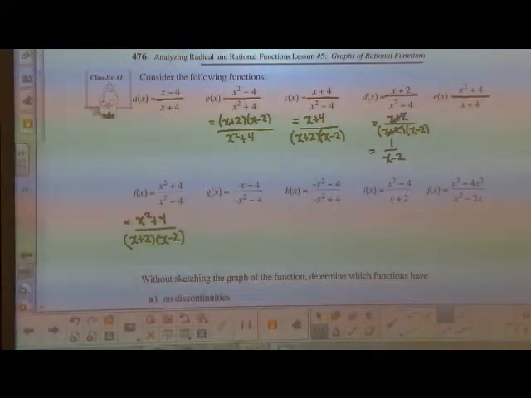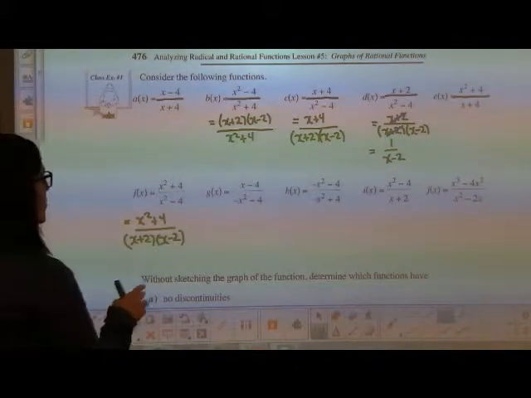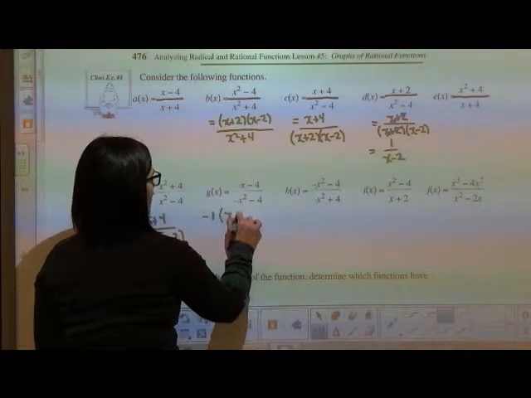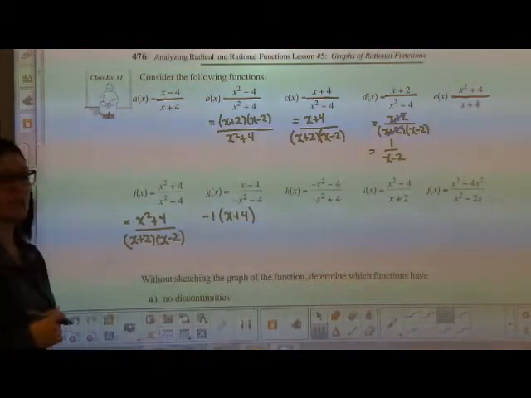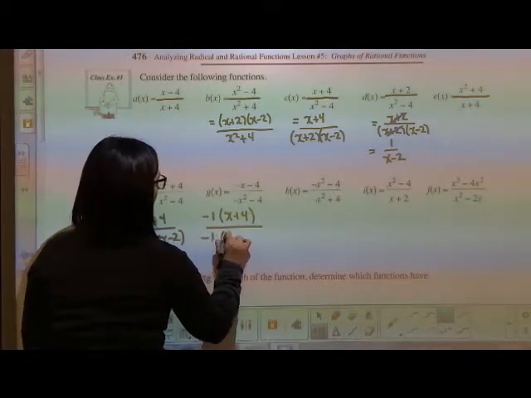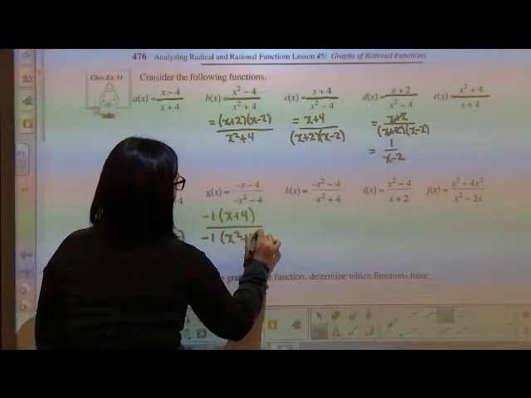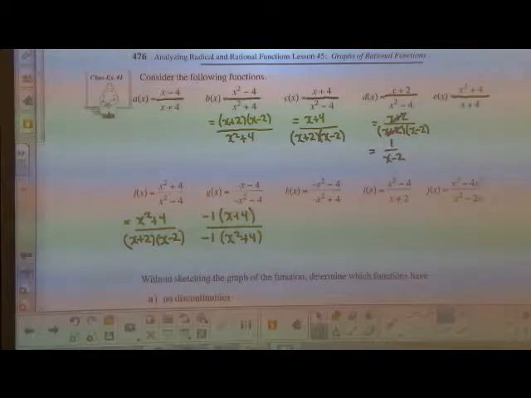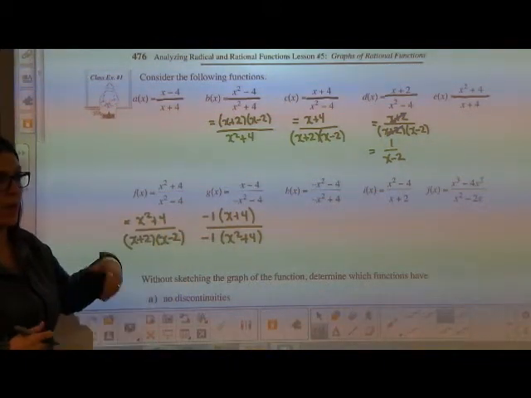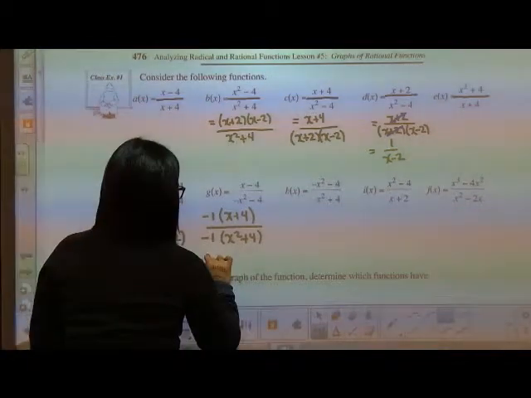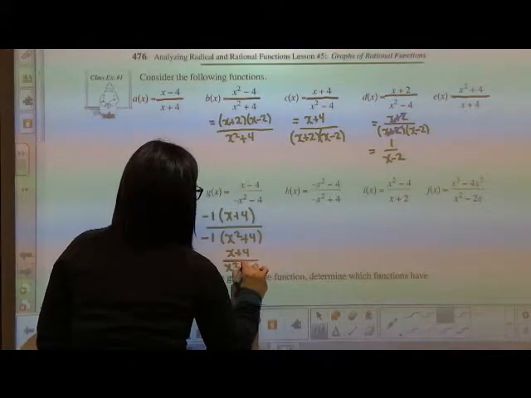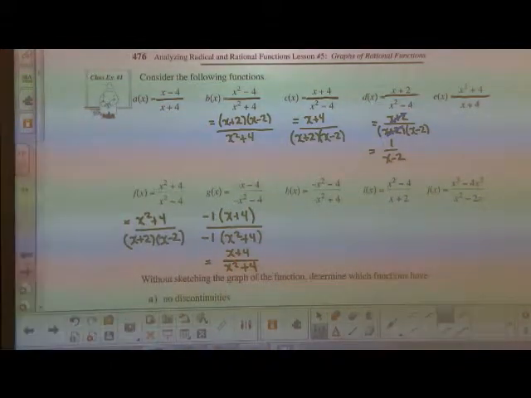G, I have these negatives to contend with. So if I remove the negative in front of the x, that's like factoring out a negative 1. So then I get x plus 4. Do the same thing on the bottom, factor out a negative 1, and I get x squared plus 4. These negatives actually cancel each other out. Negative 1 divided by negative 1 is positive. So then I get x plus 4 over x squared plus 4.